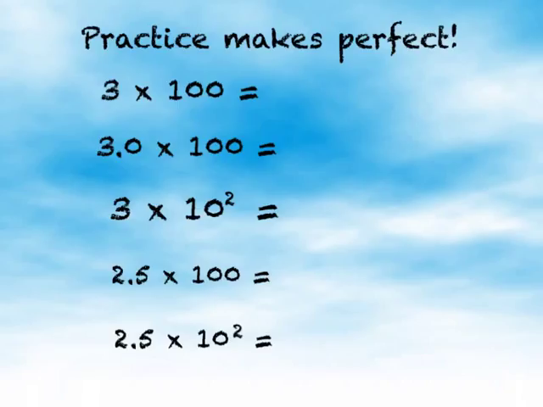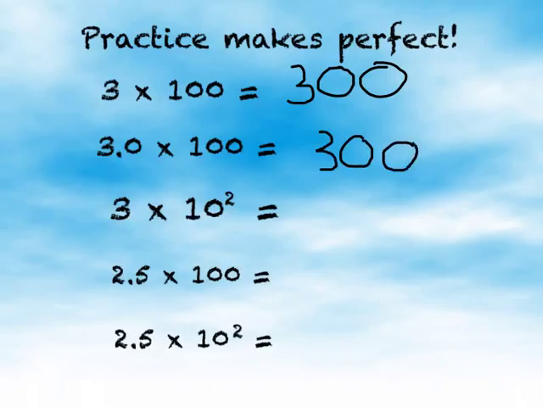Practice makes perfect. 3 times 100 equals, well, we know that's 300. But I wrote it again, 3 times 100 equals, and I put that decimal point there. I want us to pay attention to where the decimal point is when we write the number 300. We have the decimal point at the end of those numbers, 300.0.